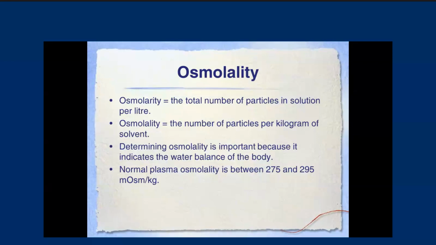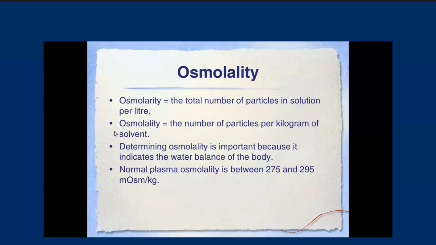So coming to the common terms used in water balance, osmolarity is the total number of particles in a solution per liter. This is affected by temperature, as the characteristics of water change with temperature.